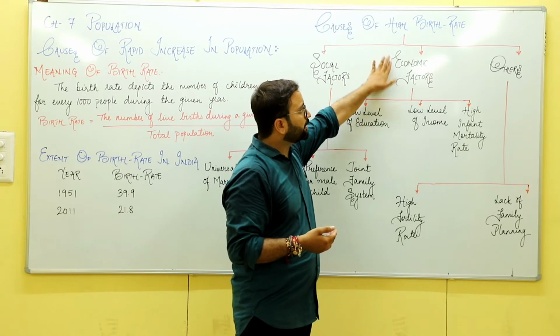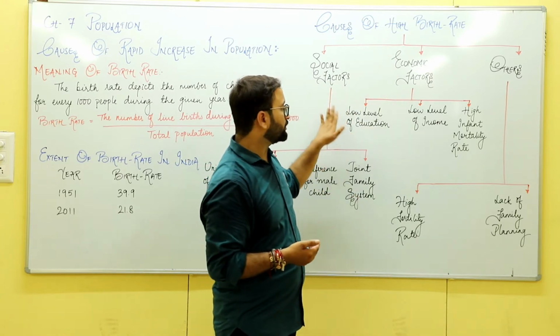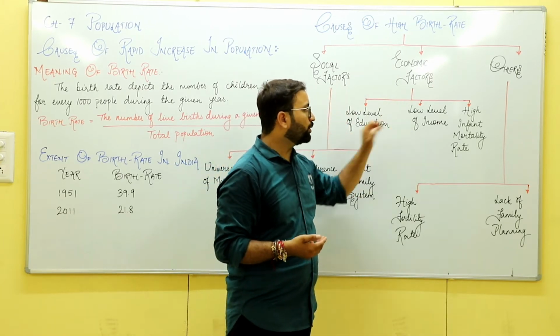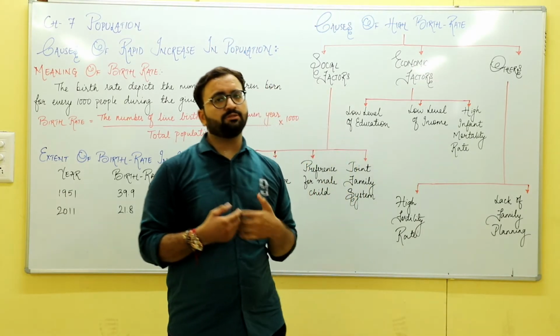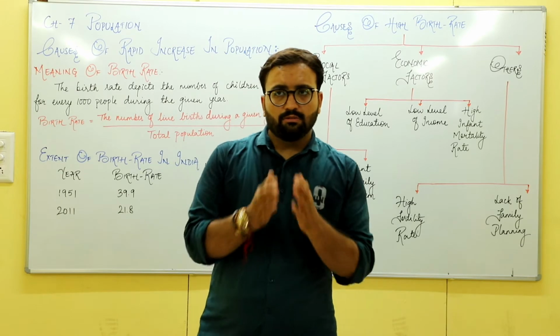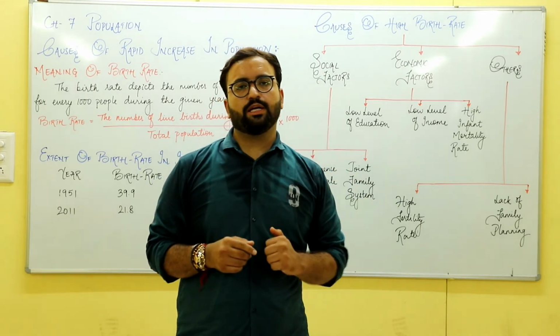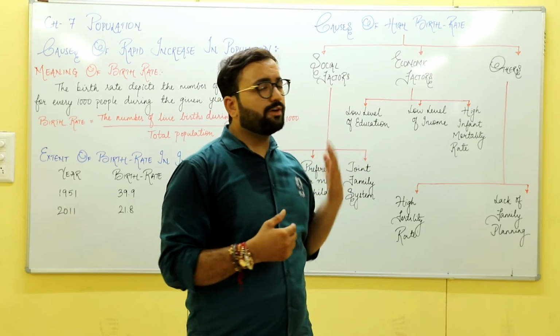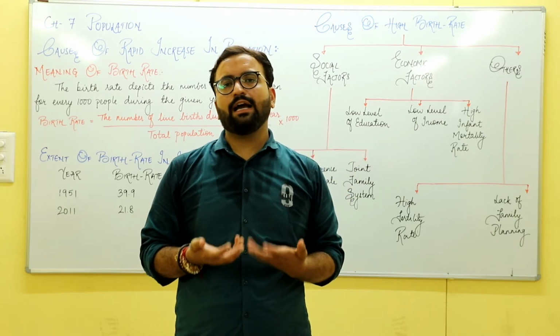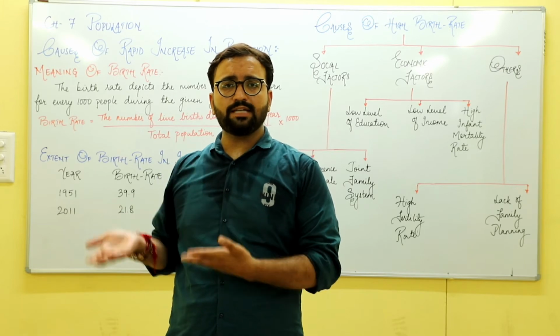So this is again a basic and major problem of our economy. Second factor is the economic factors. The economic factors include a lower level of education, low level of income, and high infant mortality rate. Low level of education means what? Education plays a very important role in increasing the birth ratio. If the female is less educated, she has no idea that she is giving birth to too many children.